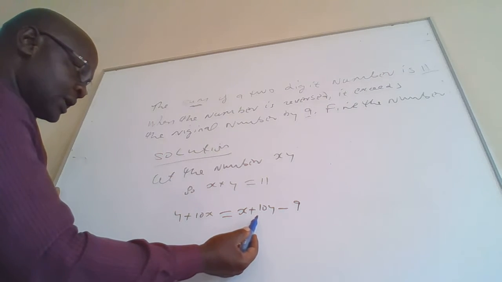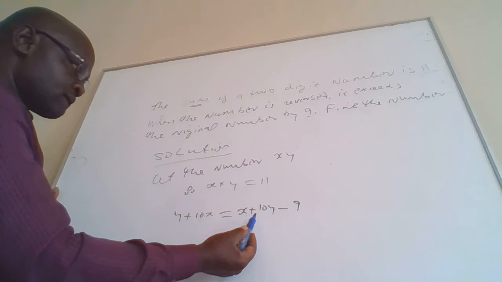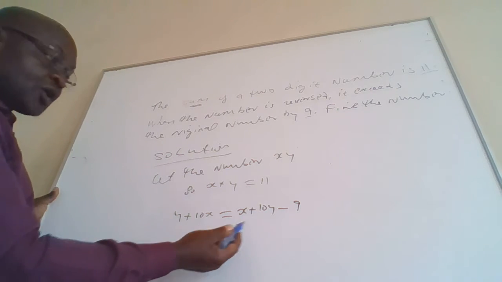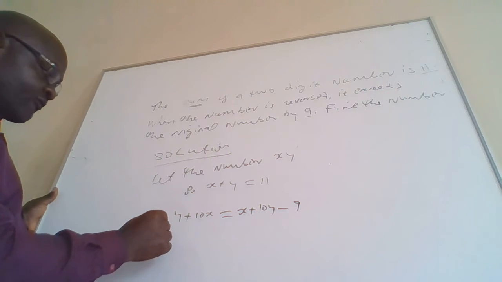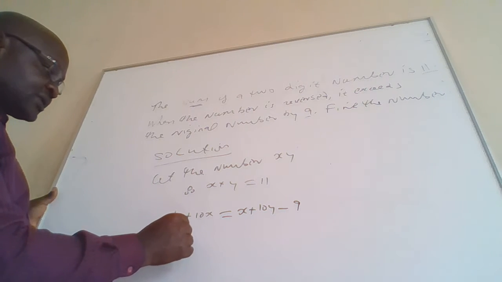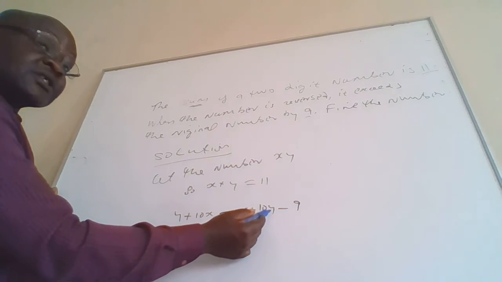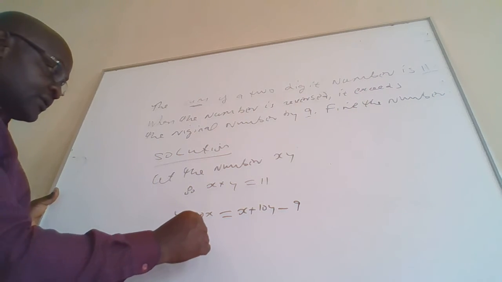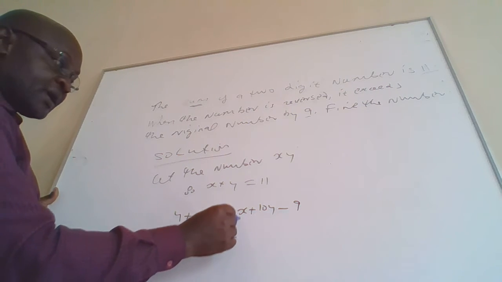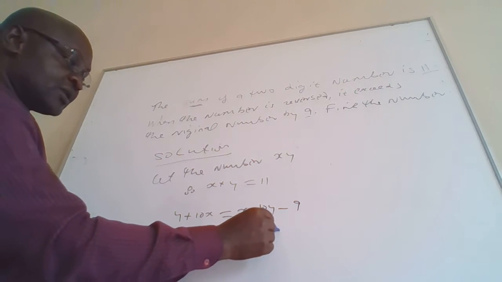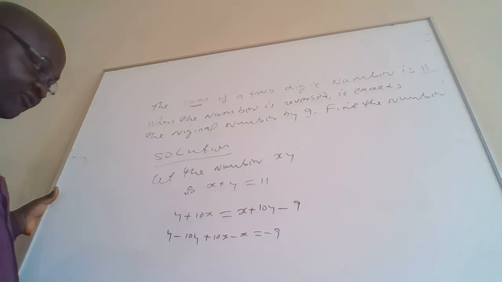Now, we can rearrange this. We have y minus 10y, this 10y goes on this side, plus 10x minus x, this one equals negative 9.